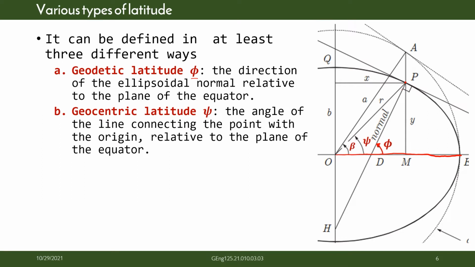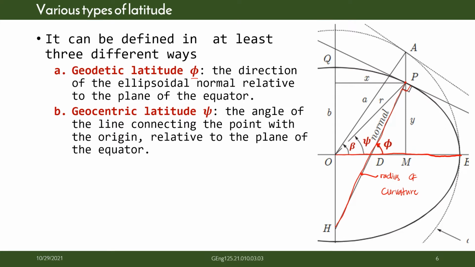That normal line is perpendicular at this point. Then projecting a radius of curvature. Okay, so that's your geodetic latitude.